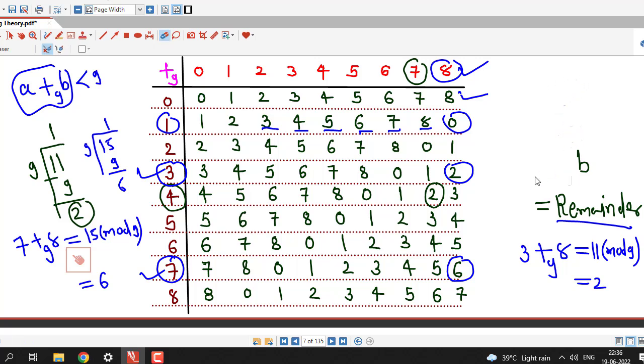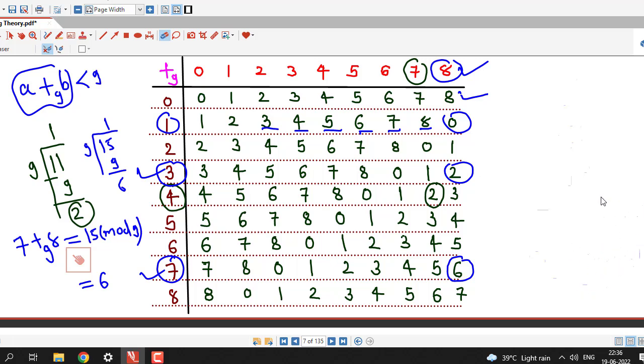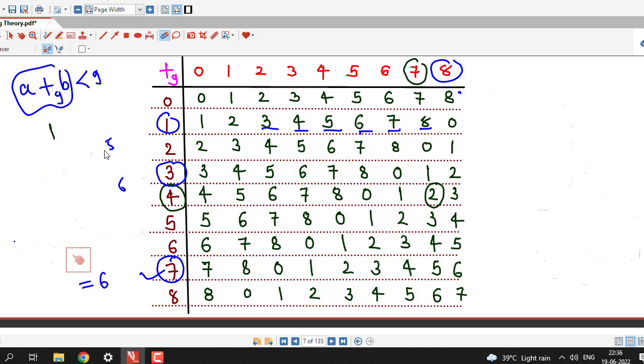So once we have the composition table, we can easily see that all the properties for an abelian group are satisfied. We will discuss all the properties one by one. First property is closure property, which says that if we take any two elements and apply addition modulo 9 on them, then the resulting element must be in Z9.